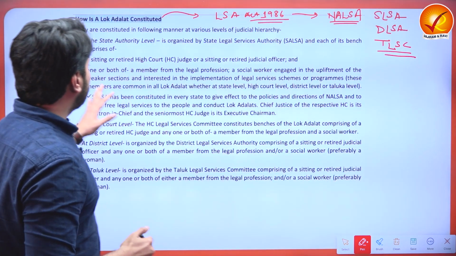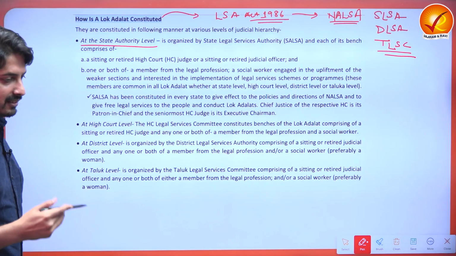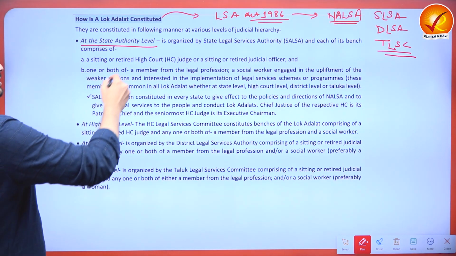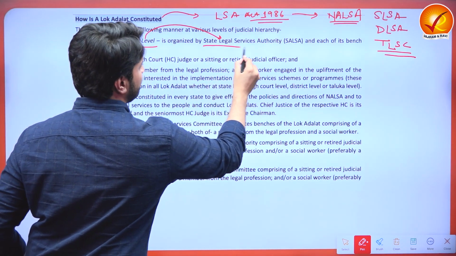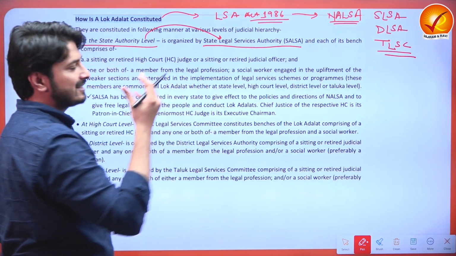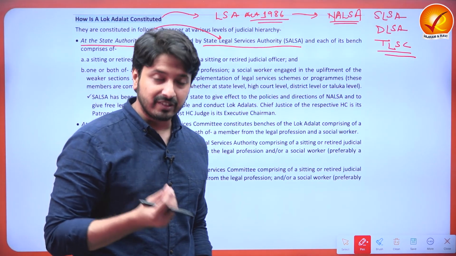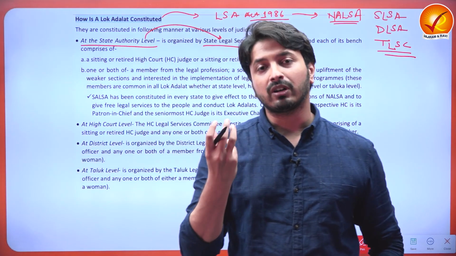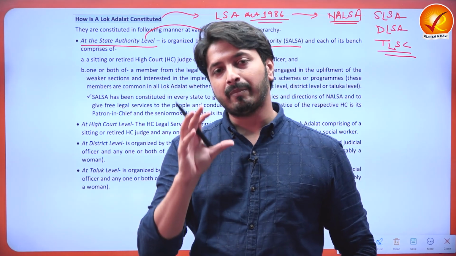Whenever there is a constitution of Lok Adalat at the state level, the authority is provided to the State Legal Services Authority, that is SALSA in short. So it is the SALSA which is the organizing authority which organizes the establishment of Lok Adalats in that particular state.